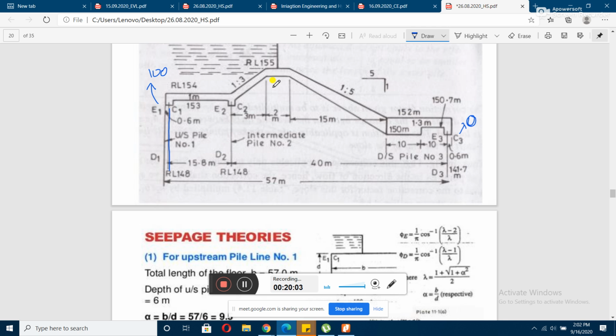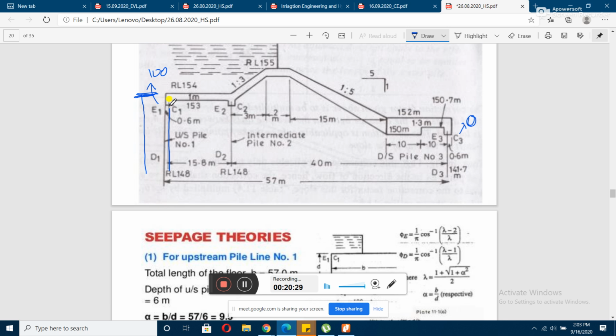From the top fiber there is the cutoff pile. For this particular pile we are considering, just try to get what the depth is.